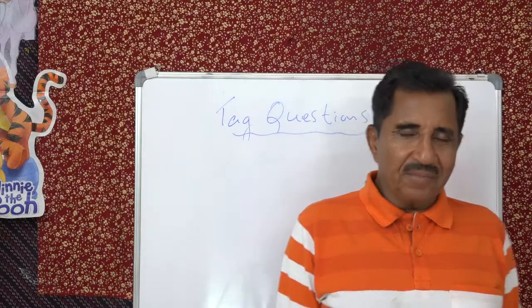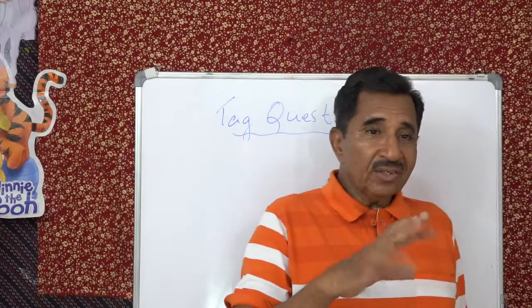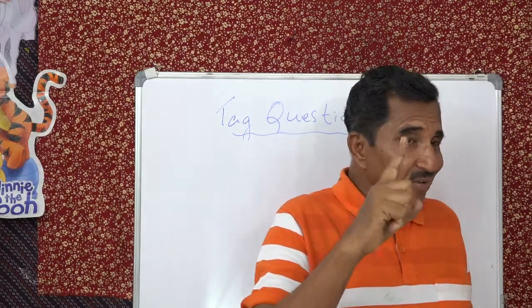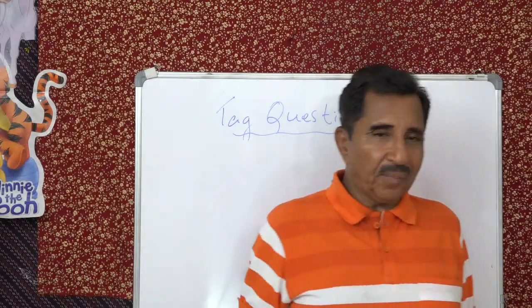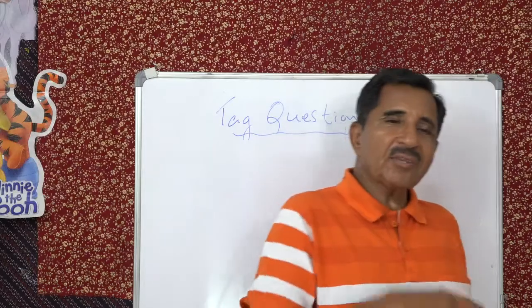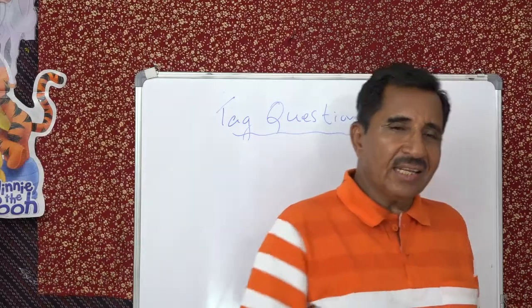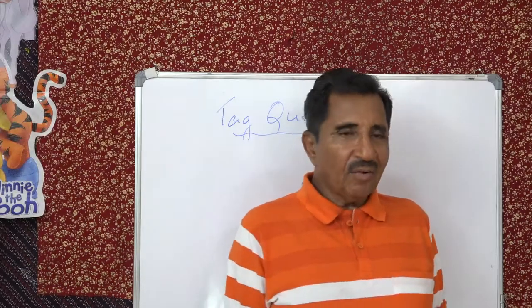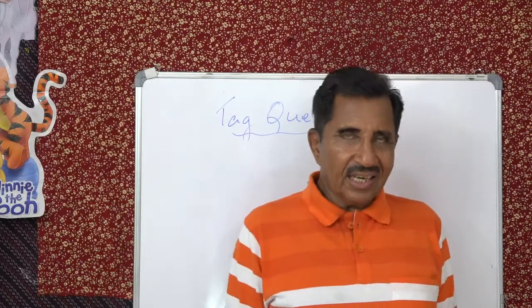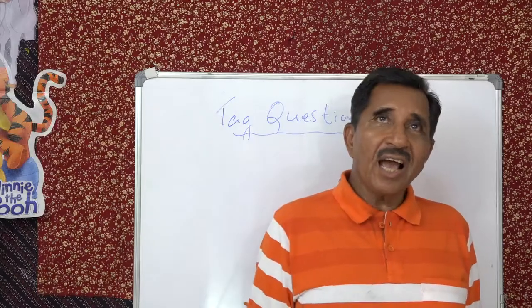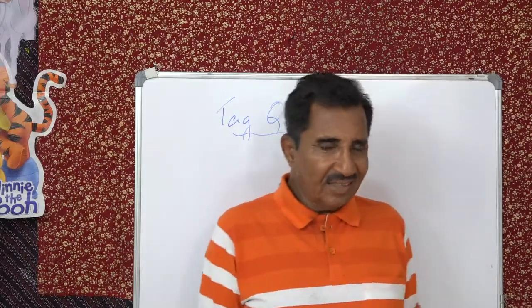Understand? Then, for nouns, what you do is, don't repeat the noun as such, but use the appropriate pronoun. If the sentence begins with "there", you can repeat "there" in the tag. There are 5 students in the class, aren't there? There are 10 birds on the tree, aren't there? You can say like that.